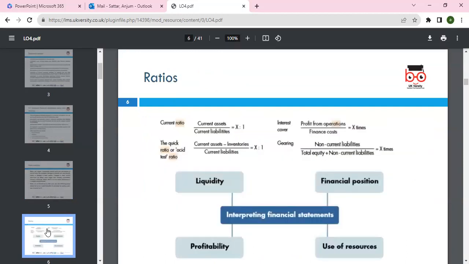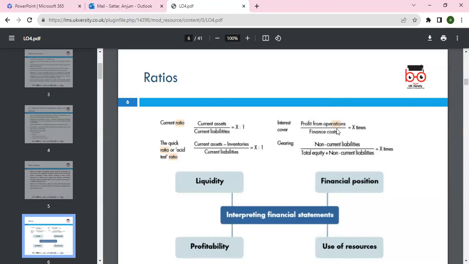So we prepare different types of ratios. Current assets divided by current liabilities is the current ratio. Current assets minus inventories gives the quick ratio. These are liquidity ratios, because the normal benchmark is 2 to 1 for the current ratio, and 1 to 1 for the quick ratio or acid test ratio. Then use of resources: profit from operations divided by finance cost.